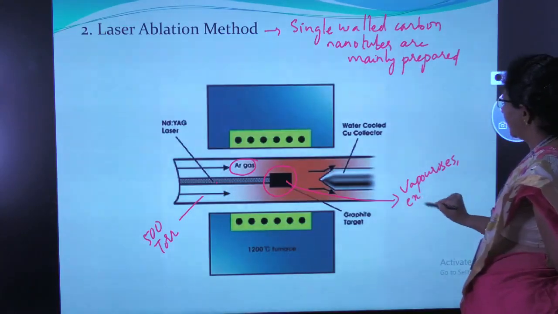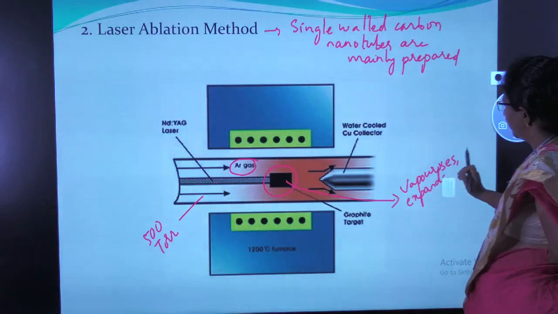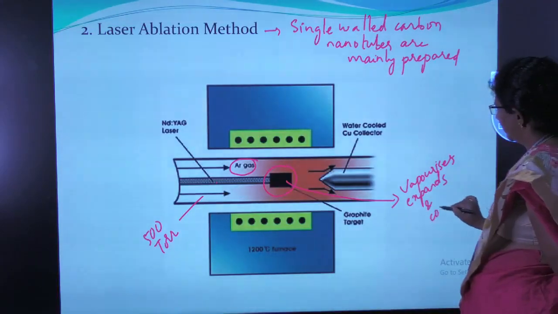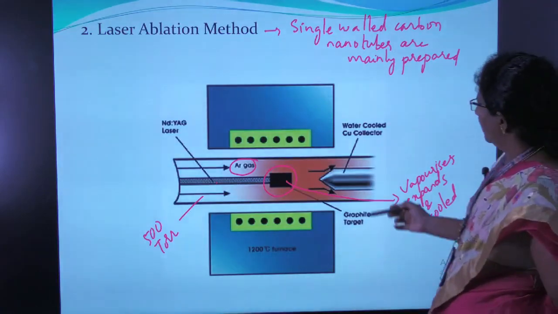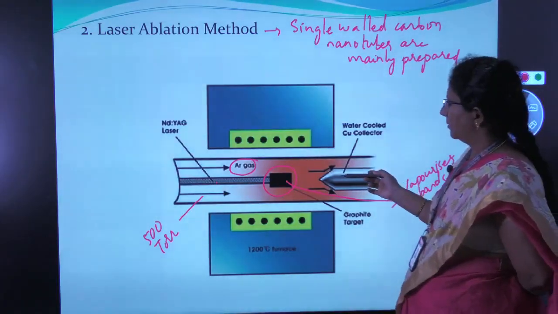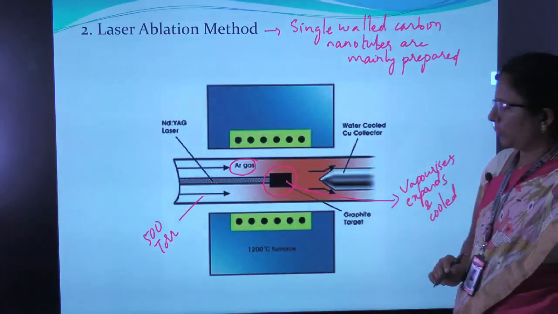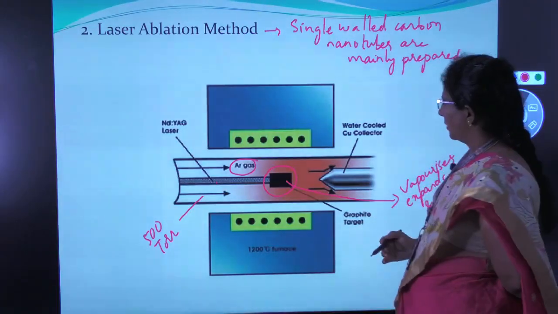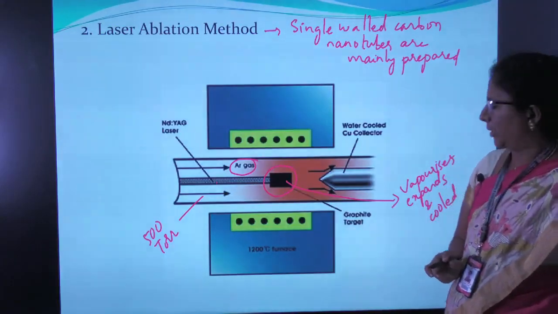It expands and this will be cooled. So now the copper collector will go into these expanded graphite tubes, preventing them from closing into a cage-like structure, so that the tubular molecules will grow into single walled carbon nanotubes.